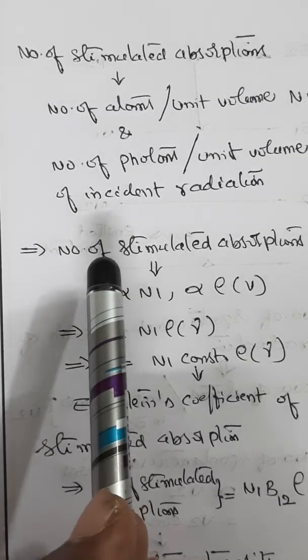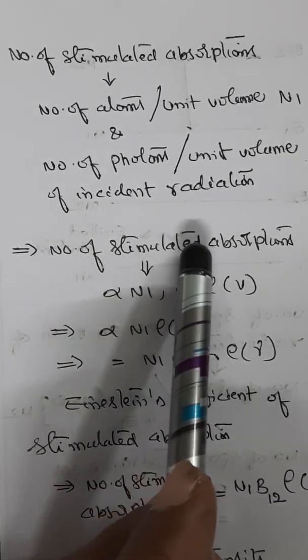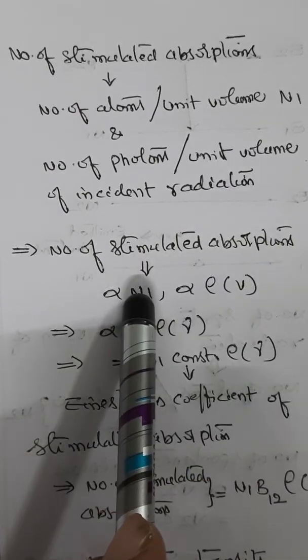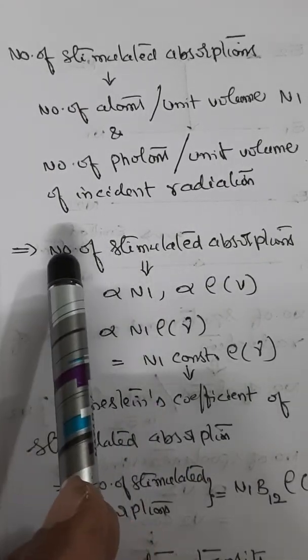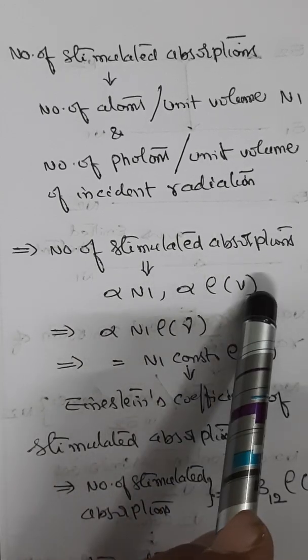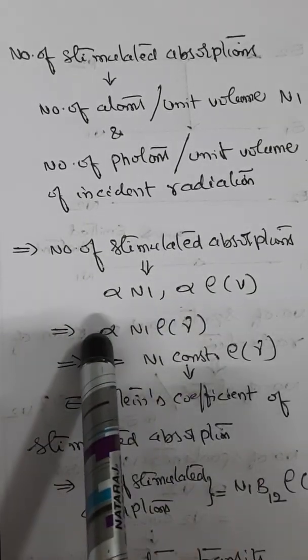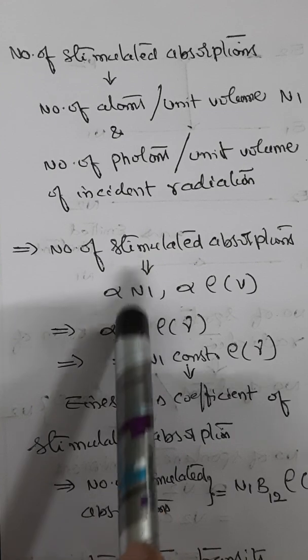Therefore, you can show it mathematically: the number of stimulated absorptions is directly proportional to N1, and directly proportional to rho nu. So together, the number of stimulated absorptions is directly proportional to the product N1 into rho nu.